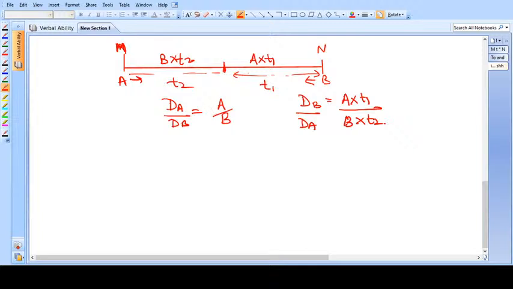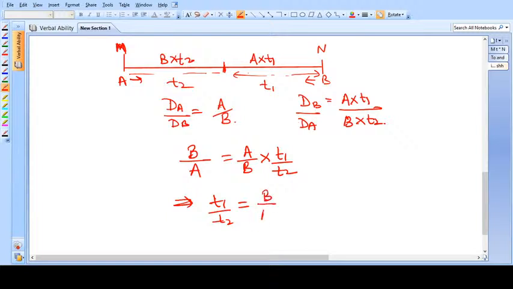So distance covered is A by B, so we can write it here, right? Putting in the second equation, dA was A and dB was B. So this can be written as A by B into T1 by T2, right? So T1 by T2 would be equal to B upon A whole square.